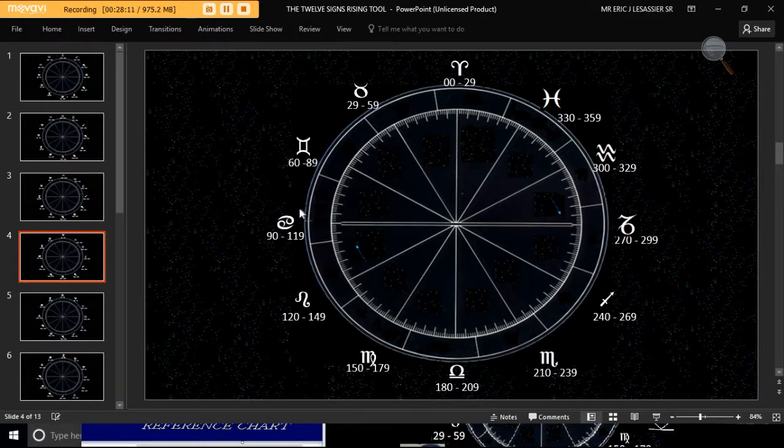So if you're Cancerian, you're born in between one of these degrees, when the planet Sun enters your sign in your month. And the timing will indicate what your rising sign will be.